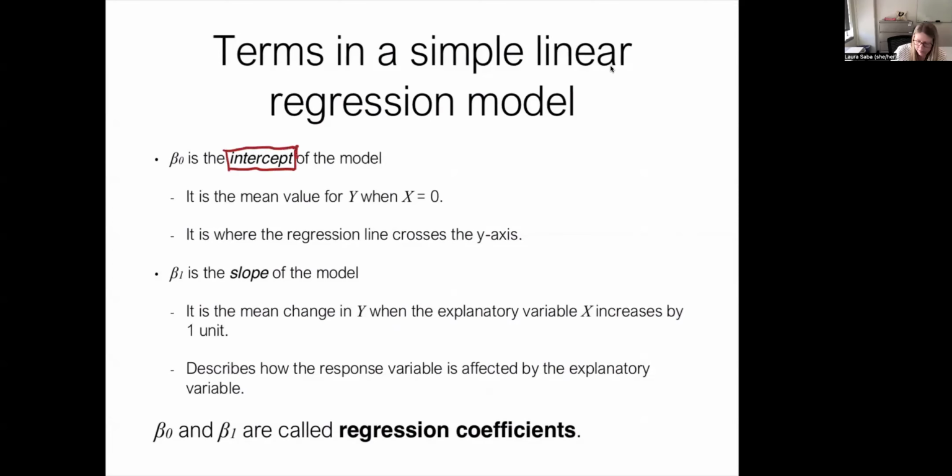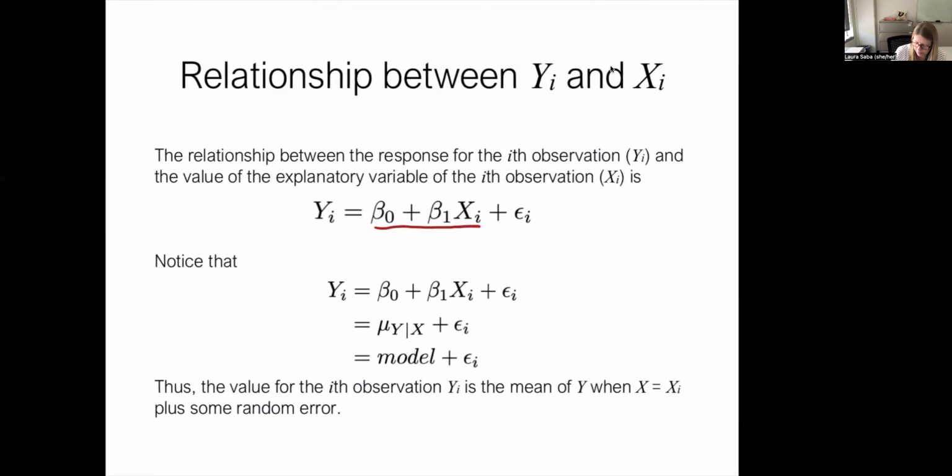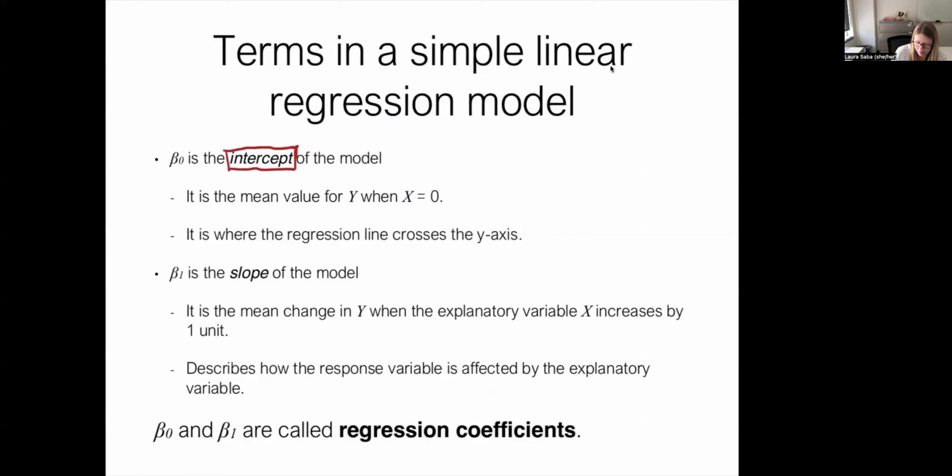So the intercept is the mean value of y when x equals 0, right? So going back to our equation, when x equals 0, it cancels out this whole beta 1 as well. And so all that you're left with is this beta naught. And so beta naught is the intercept. It's where the regression line crosses the y-axis.